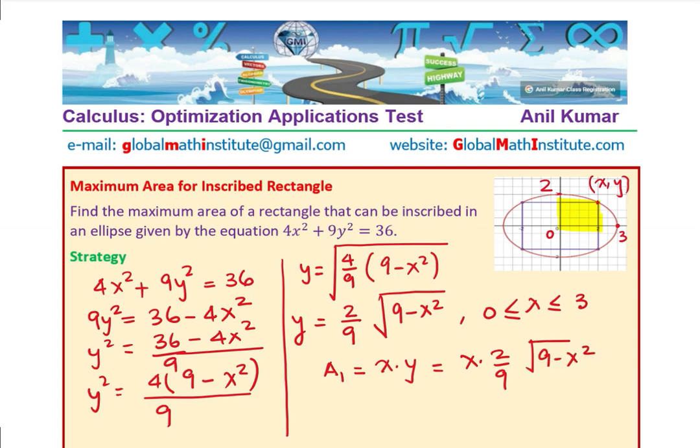Is that clear to you? Perfect. So we have our function, which is a function of x now. So the area is a function of x, as you can see, and can be written as 2 over 9 times x square root of 9 minus x squared.